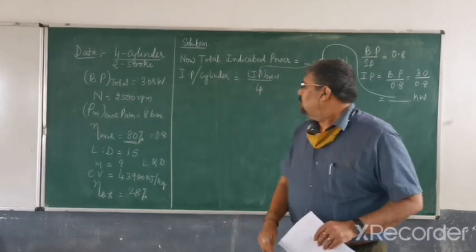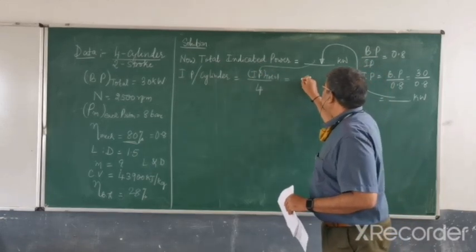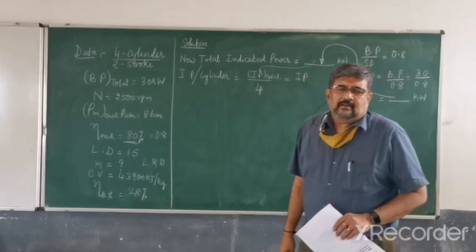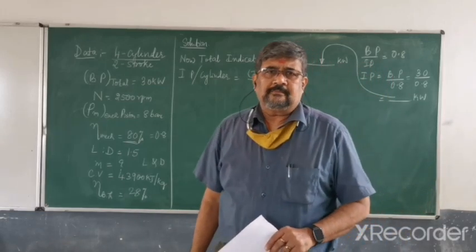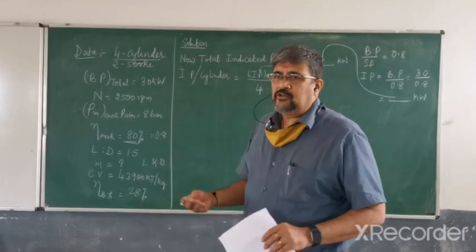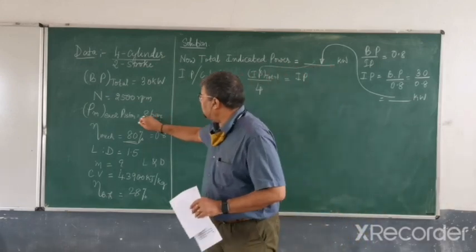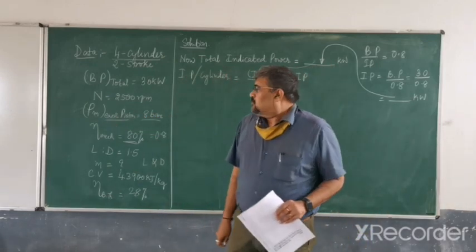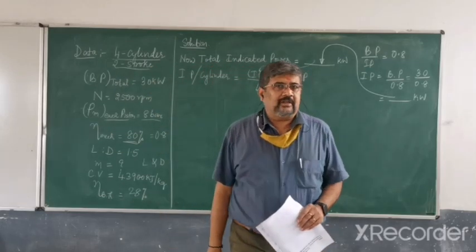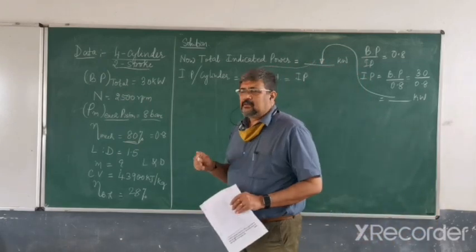Okay, so once we get this value, indicated power per cylinder, this we can simply write as indicated power directly. Okay, now we also know what is the equation which we need to use. See, the value of mean effective pressure is also given in bar, and it is per piston. So since it is a 2-stroke engine, we also know what equation we have to use. Okay, so we will use that equation.